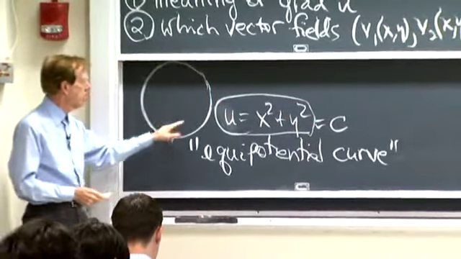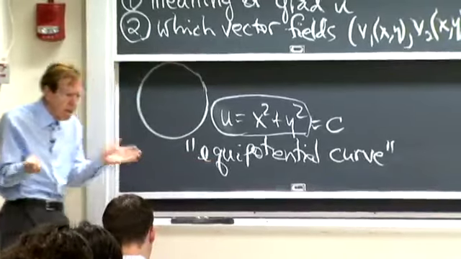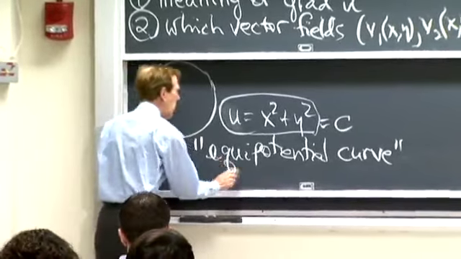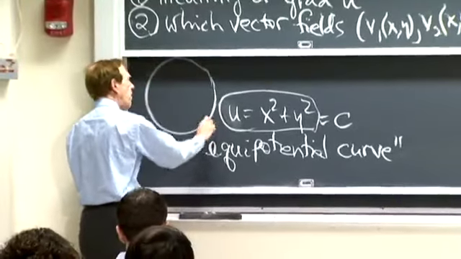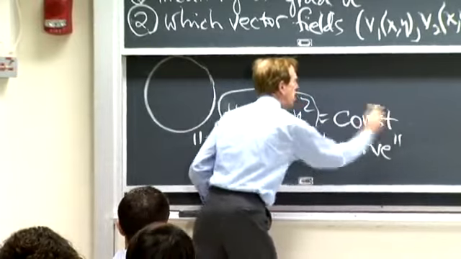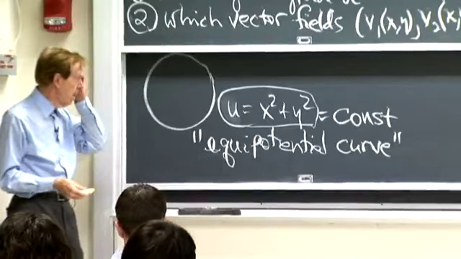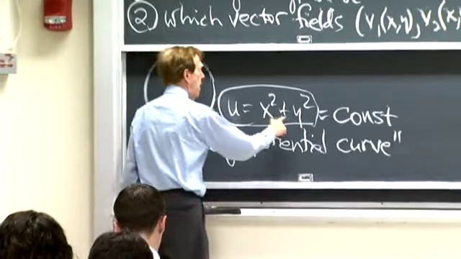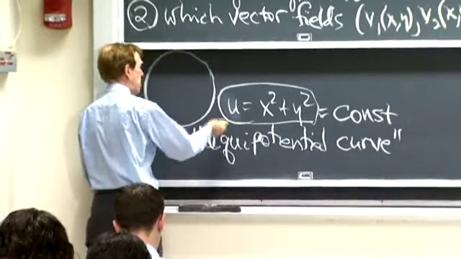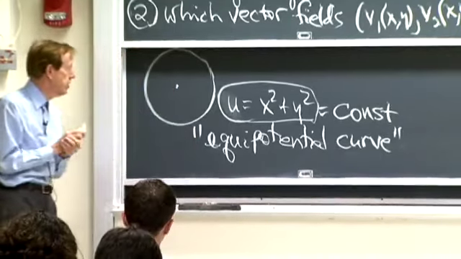And what I've drawn is an equipotential curve, or isopotential might be a more appropriate word these days, but we still say equipotential. It means that along this curve, u is a constant. And for this particular potential, this simple one to work with, x squared plus y squared, the curve is a circle.